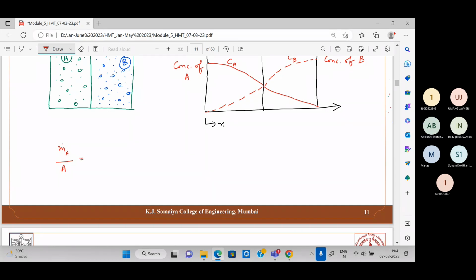We express the constant as DAB, times del by del x of rho A.